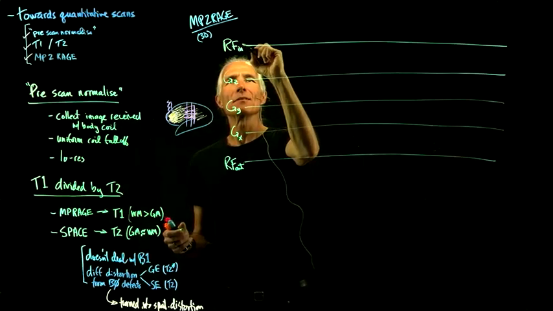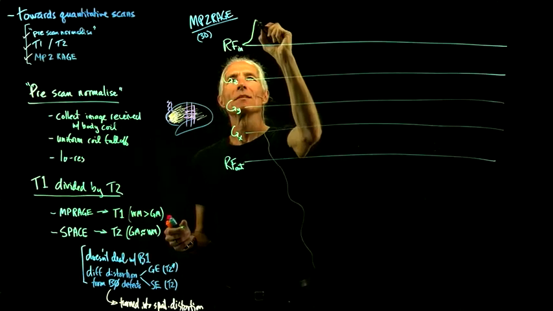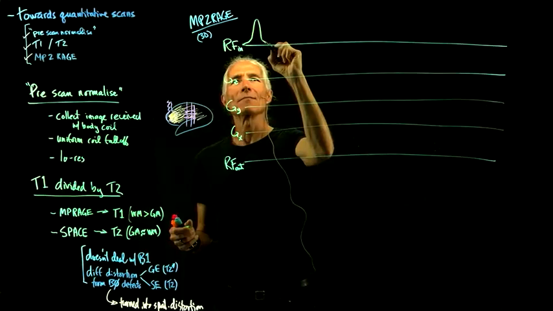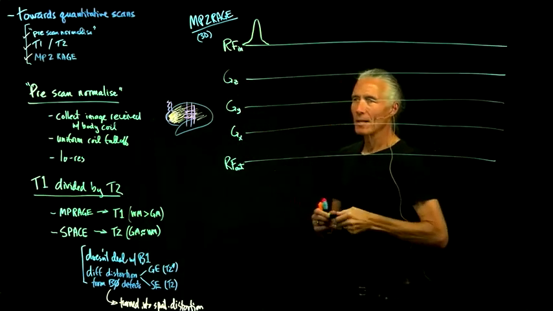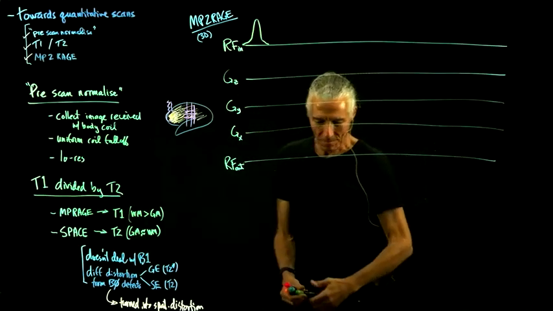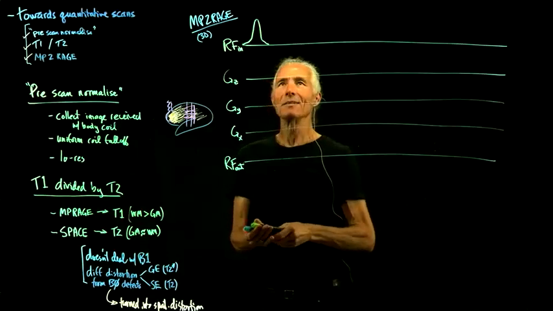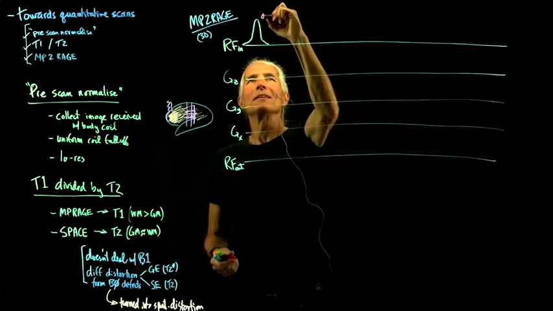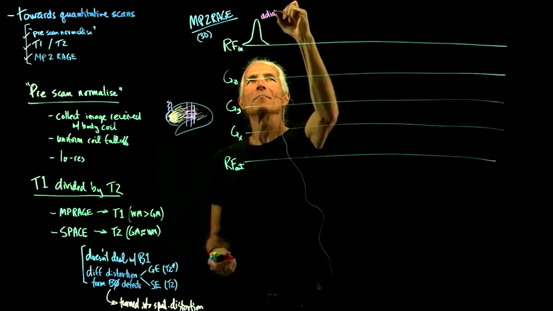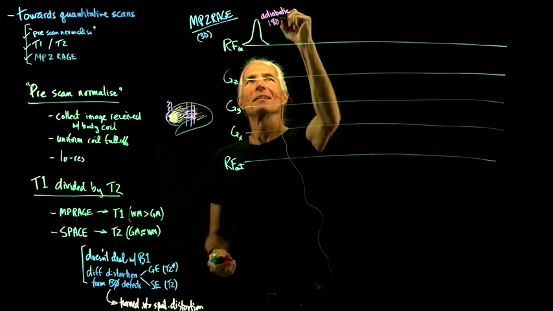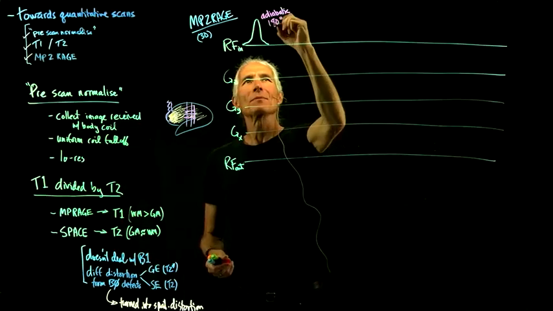So the first thing is we do a high quality inversion. There are different ways of doing an inversion that take varying amounts of time. So the first thing we do is an adiabatic 180. So why don't we do that all the time?